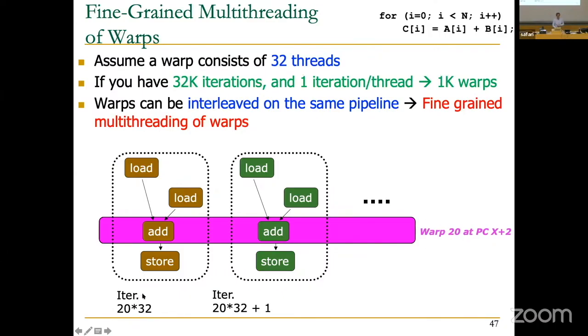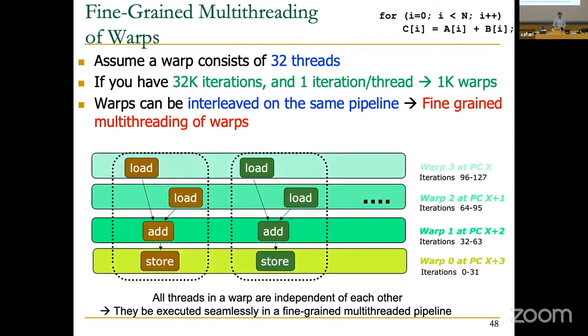Warp 20 should be at iteration 20 times 32, and warp 20 should be executing the add, because we said PC at X plus 2, in iterations 20 times 32 through 20 times 32 plus 31, right? So all of those 32 iterations will be executed by this warp that's executing this add. And then this warp will move to the next instruction, which is store.